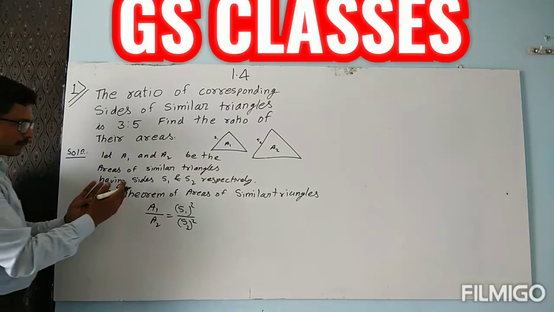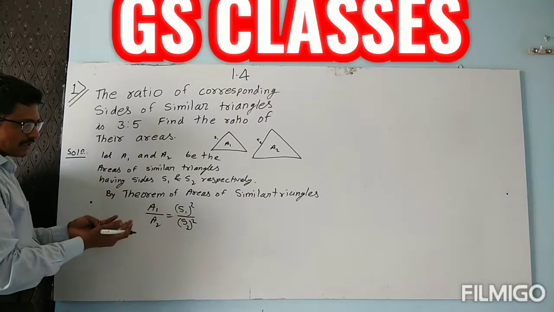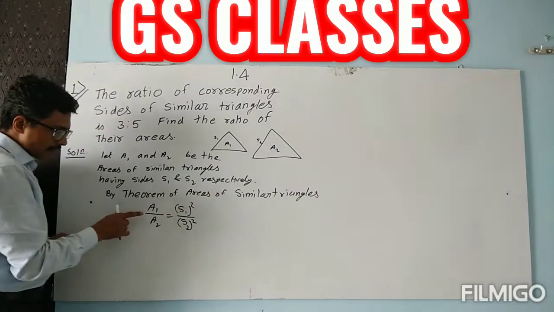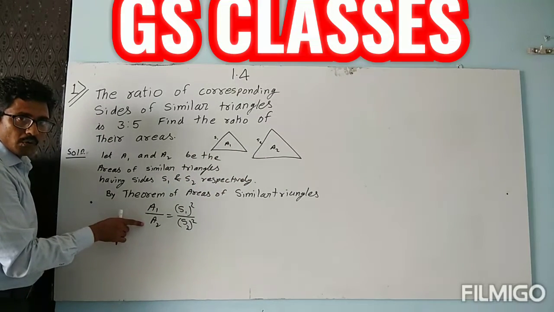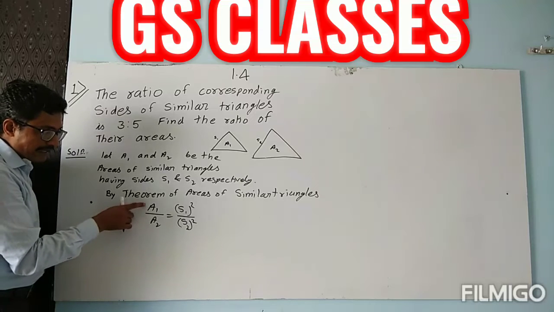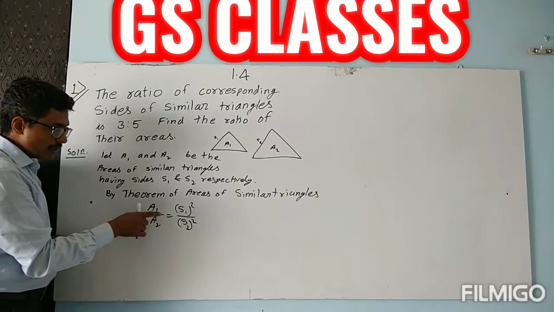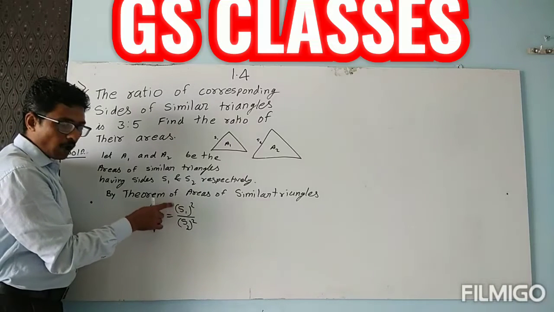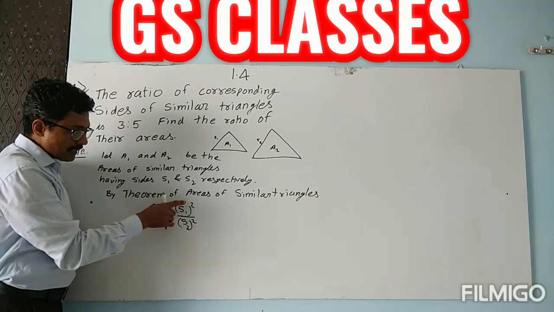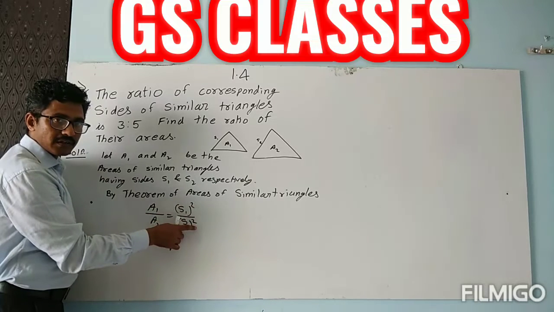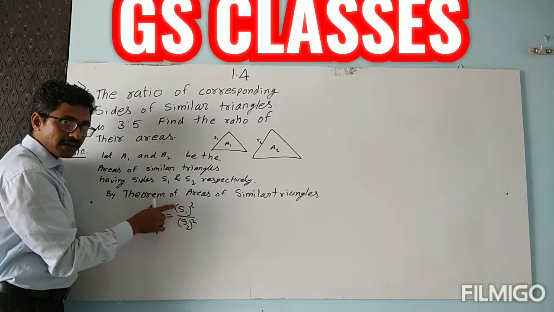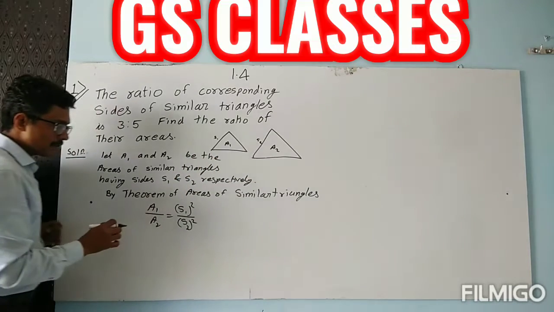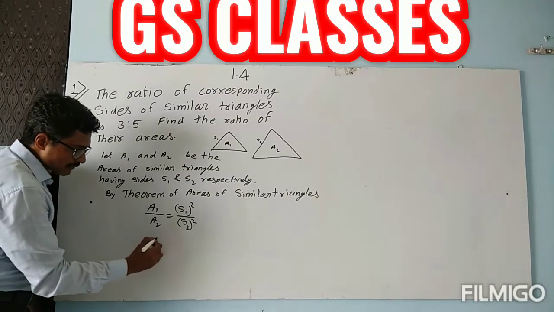This is the theorem which tells us that if two triangles are similar, then the ratio of their areas is equal to the ratio of the squares of their corresponding sides.